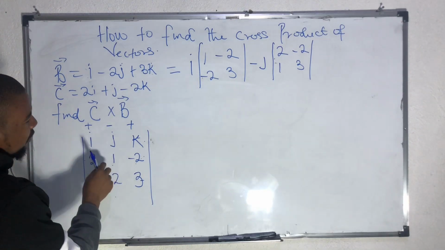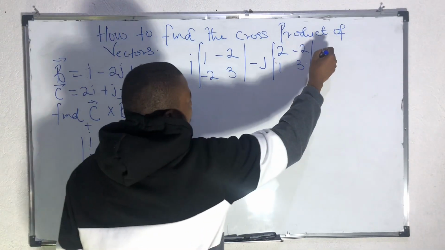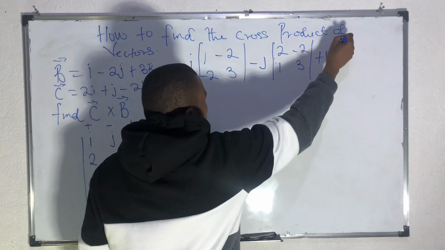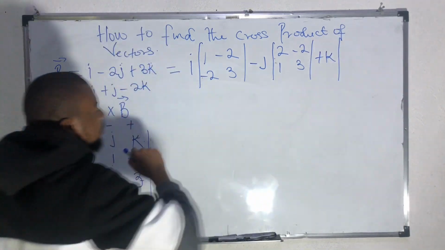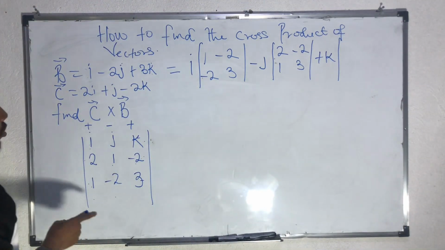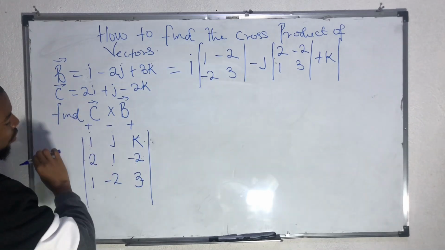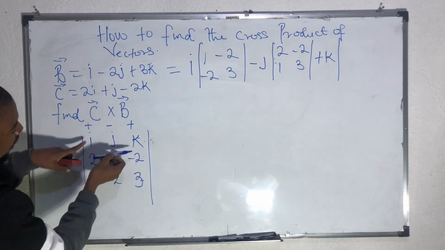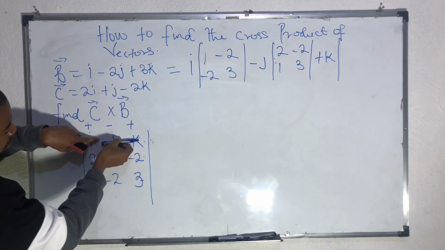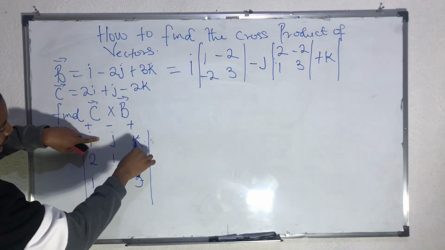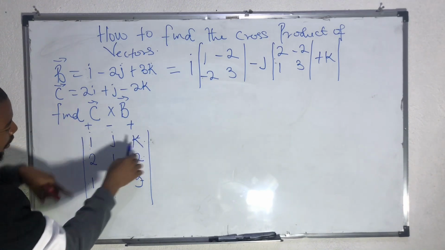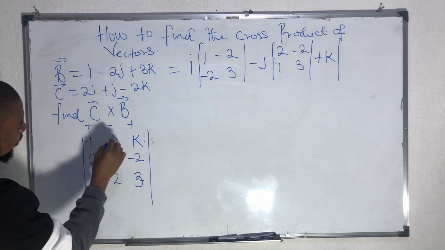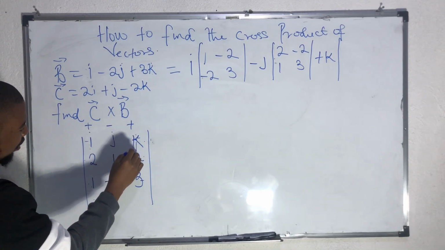To find this, we are going to write a plus k and draw another line here. We also repeat the same process. Where is k found? k is found in the first row. We simply hide this row where k is found, and the column. k is found here and also here.